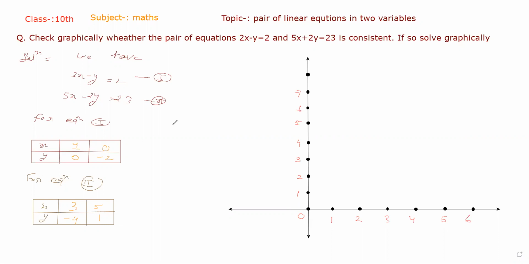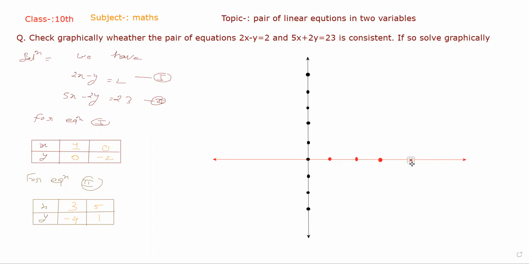Similarly here, sorry, I have to draw the negative axis also. One, two, three, 4, 5, and this is 6.